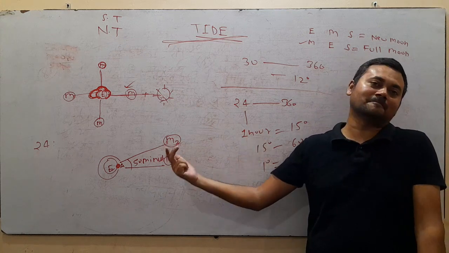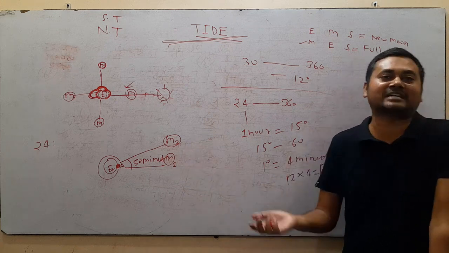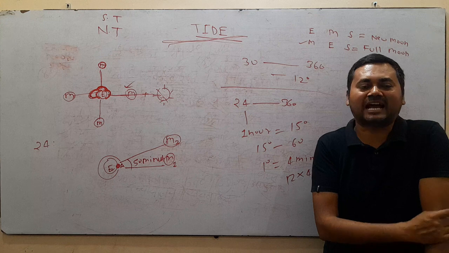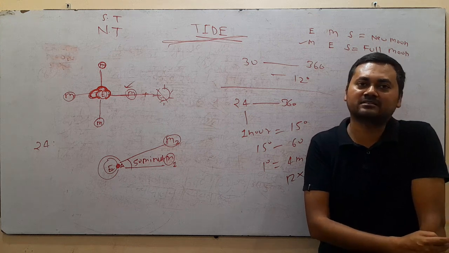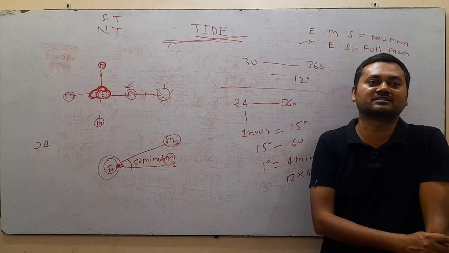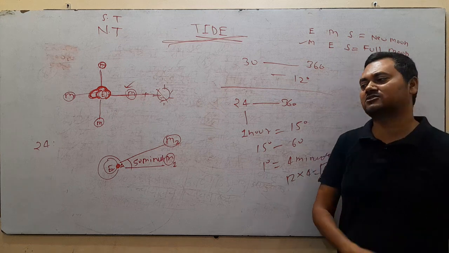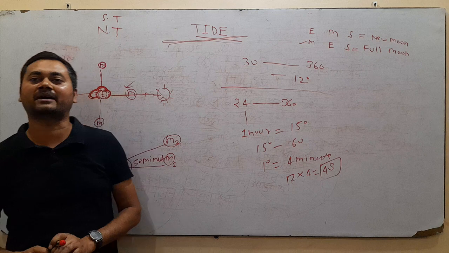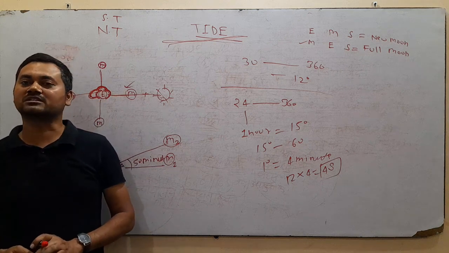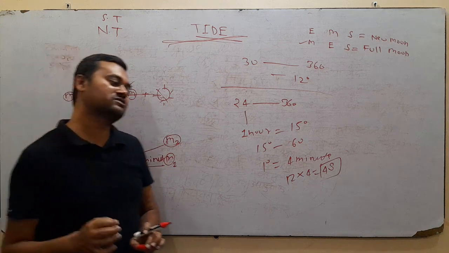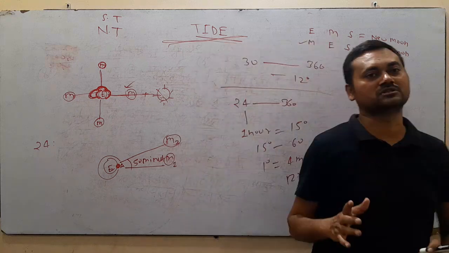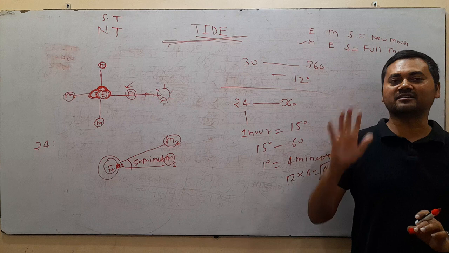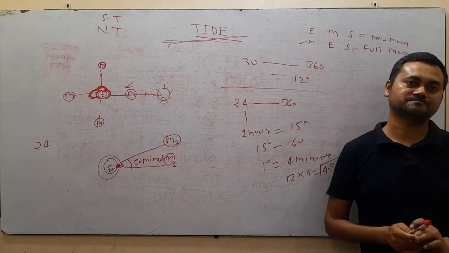Other than this, as far as the significance of tide is concerned, in India tidal energy, though a good source of energy, is not exploited as much. It is exploited by countries like Japan, France, USA, China, and the most important one is South Korea, as the biggest tidal power plant in the world is located in South Korea.